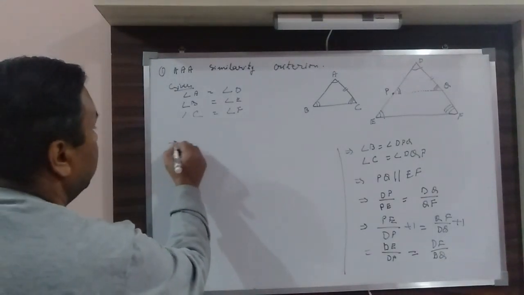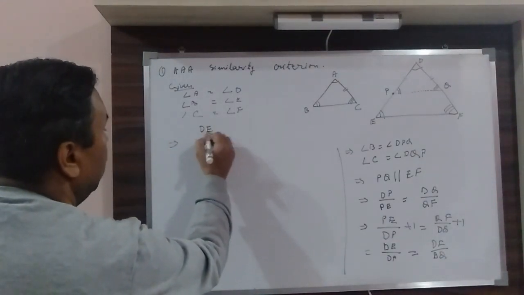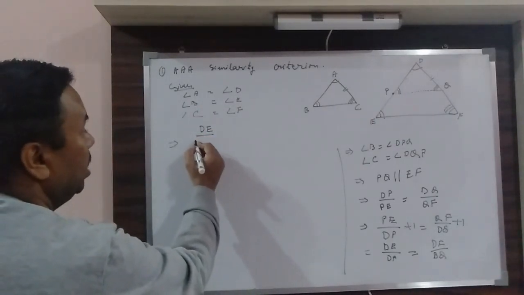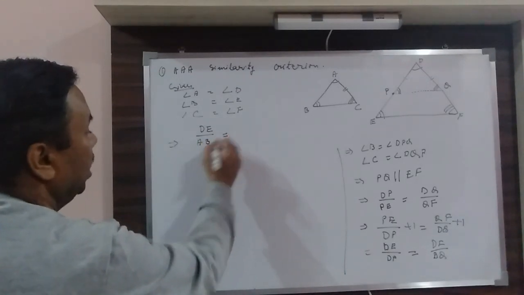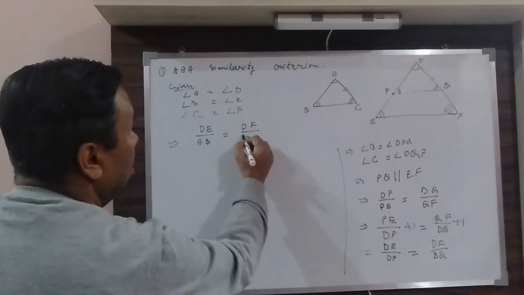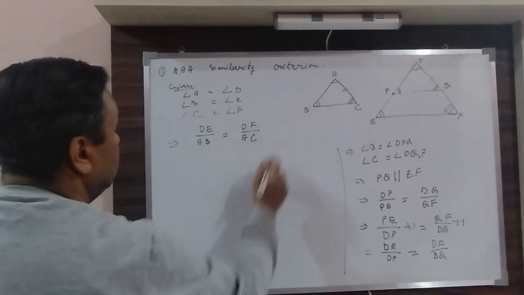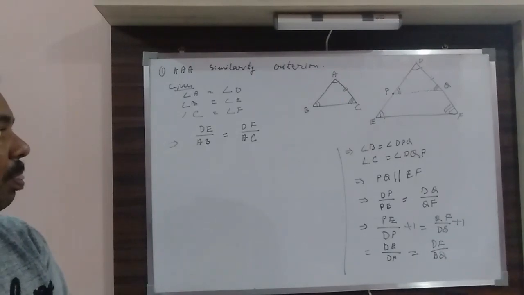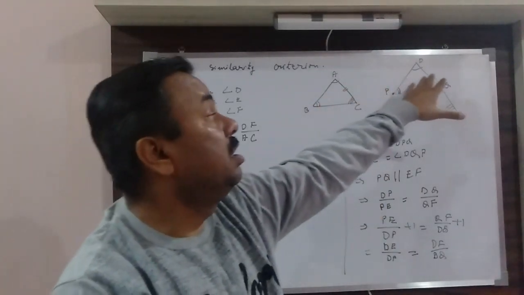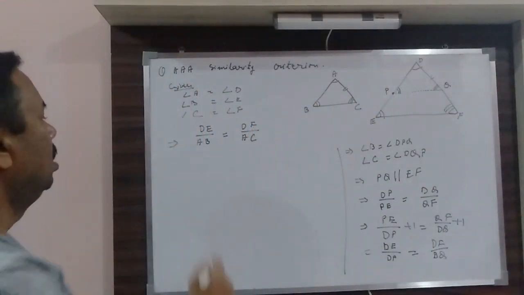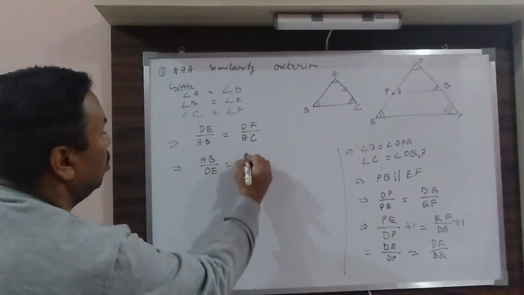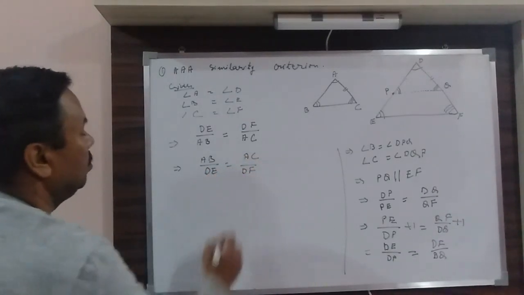So I can write DE over DP, or instead of DP I will write AB, and that is equal to DF over AC. That means two of the sides are in the same ratio. Reverse it again, so AB over DE is equal to AC over DF.